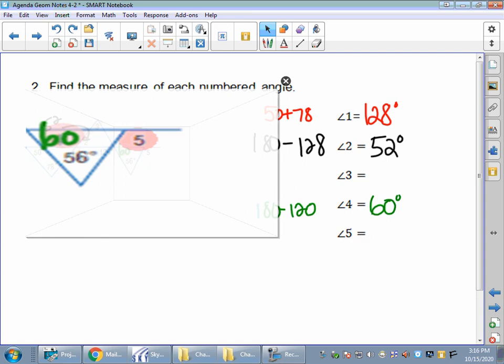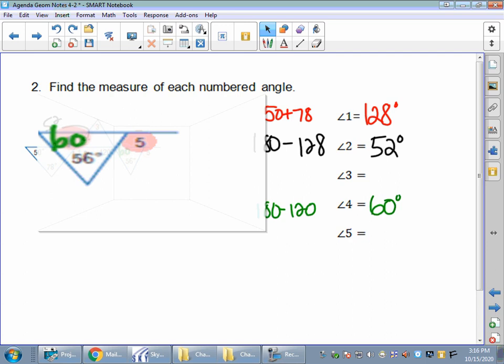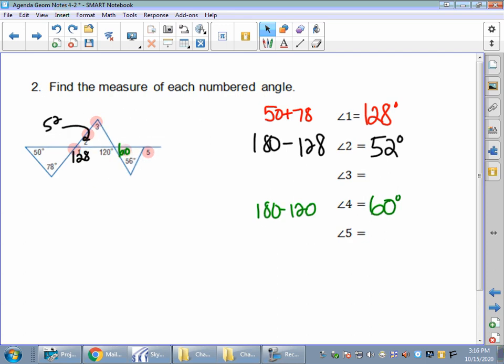You can do 60 plus 56, add those up, subtract from 180 to get the interior angle, and then subtract from 180 again to get angle 5. Up to you how you want to do that. I'm going to do what I think is the easier way, and use the remote interiors. So angle 5 is equal to 56 plus 60, or 116 degrees.